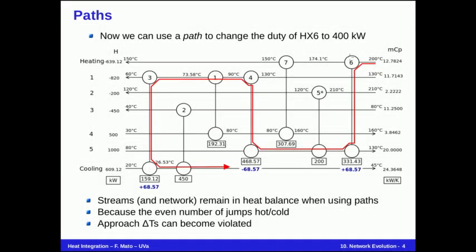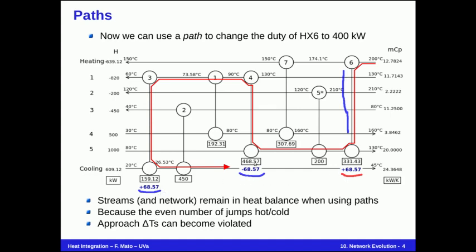In this example, we want to augment the duty of heat exchanger 6, which is a heater, to 400 kilowatts. Then we add the needed amount to the duty, subtract the same amount from the next heat exchanger 4, and add the same amount to this cooler.